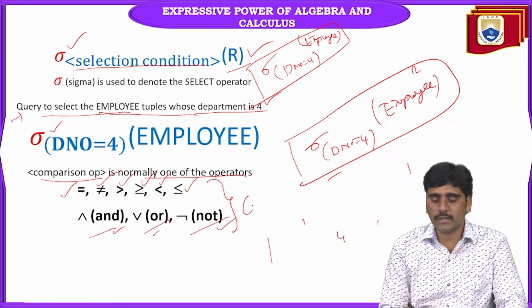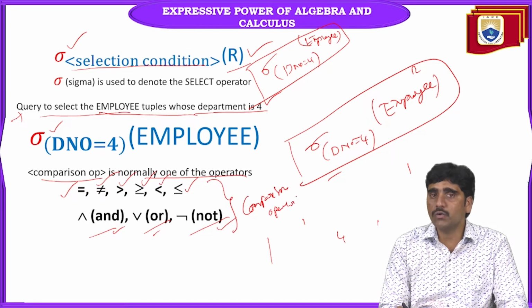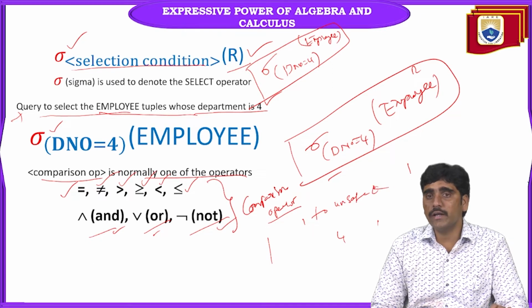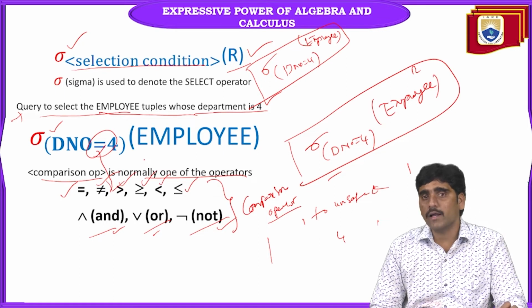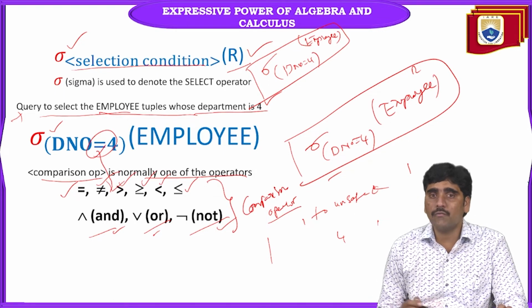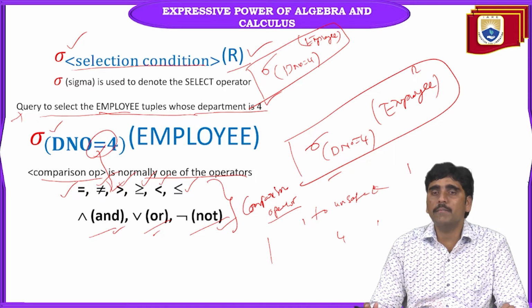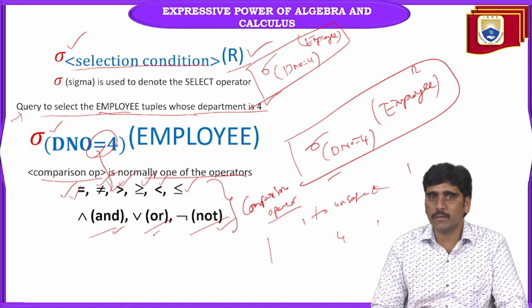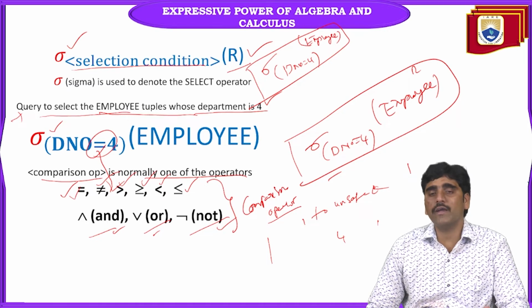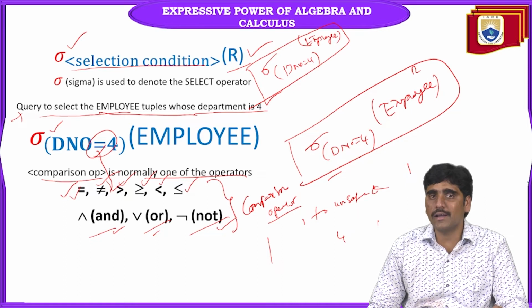These are the comparison operators which are used to write unsafe queries. So for department number equals 4, here I am writing a comparison operator because I want to mention that department number equals 4. So I use this comparison operator to represent the department number 4.